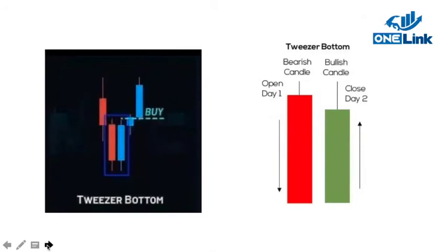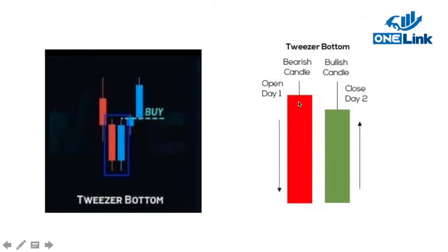This is called a tweezer bottom. You can see a green candle, then another candle forms, which is not necessarily the same length; it can be slightly lower.